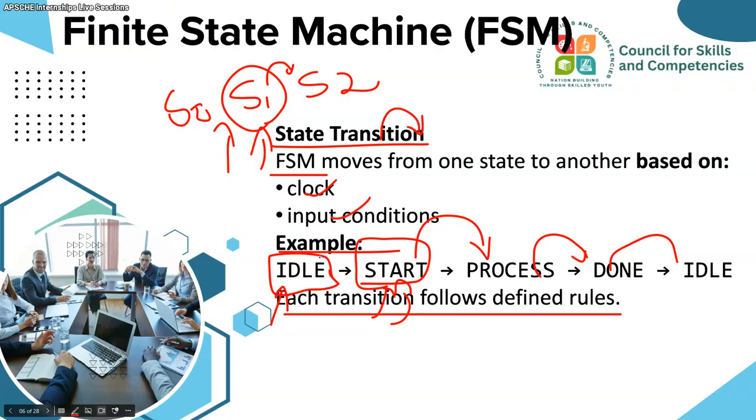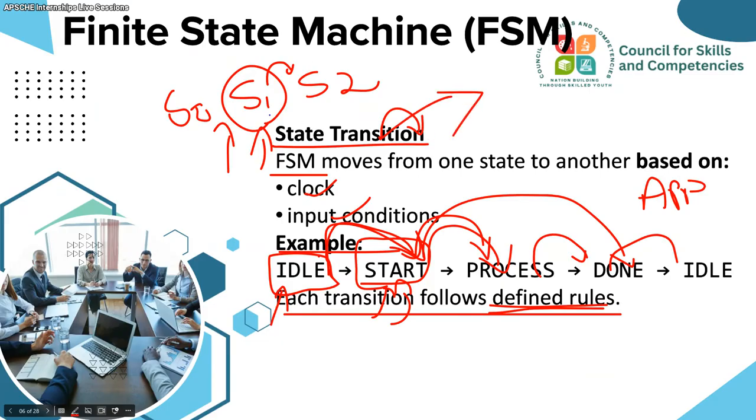From the idle state it can go only to the start state. So a defined rule has been set. From the start state, either it can go to the done state or a process state. That is also defined depending on our application. That is the state transition.